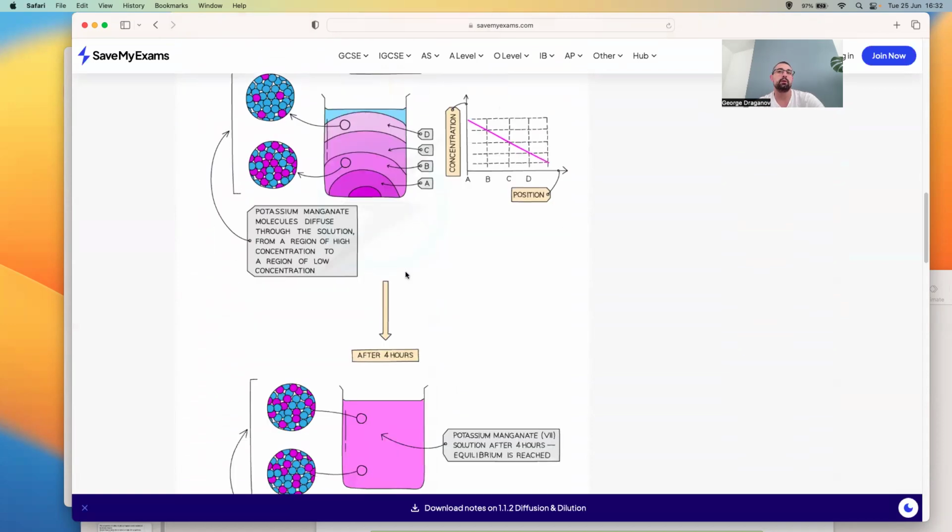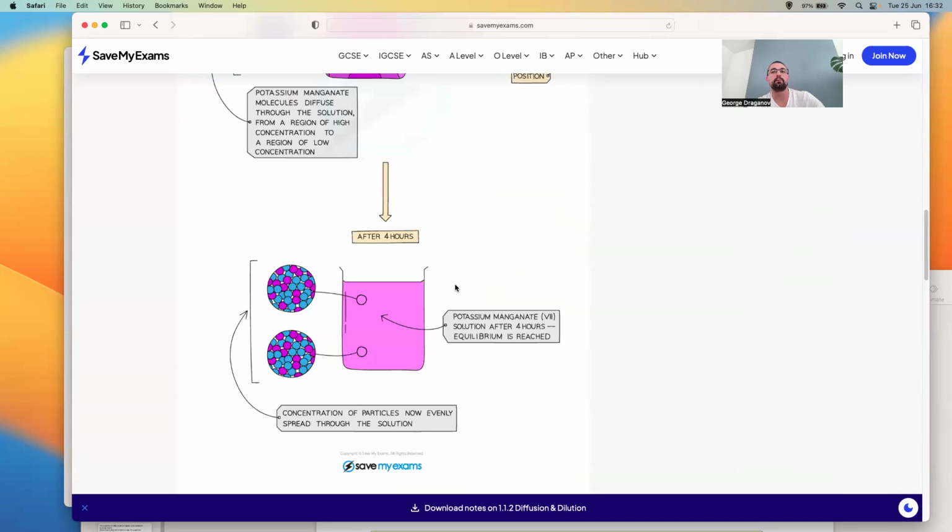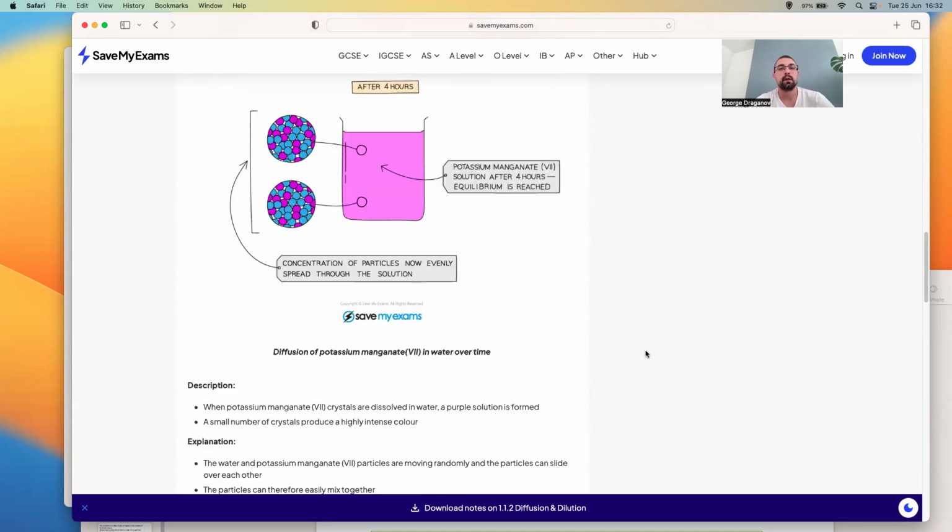And after 4 hours, the equilibrium is reached. We will cover equilibrium in a different lesson, but that's when there'll be an equal shade throughout the whole thing. So the concentration of particles has been evenly spread out, just like with the air freshener, just like with the bromine gas.